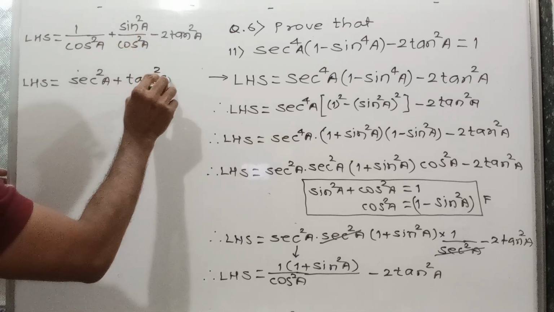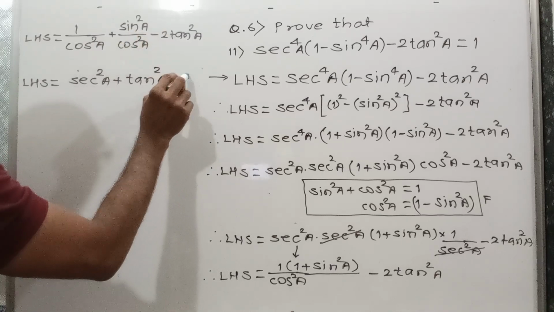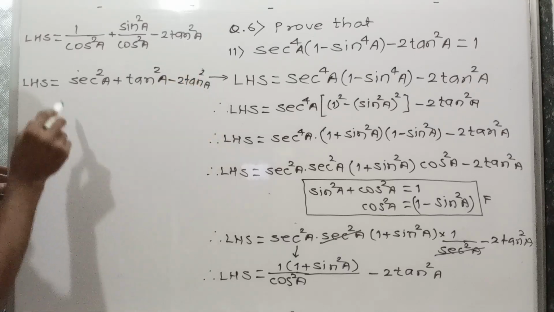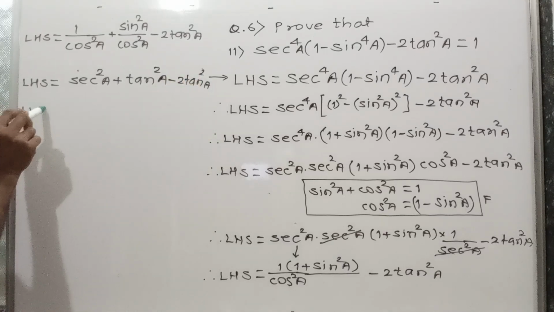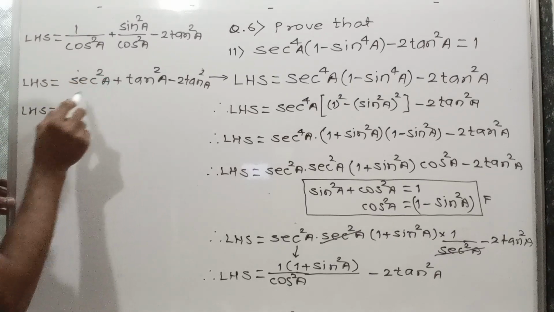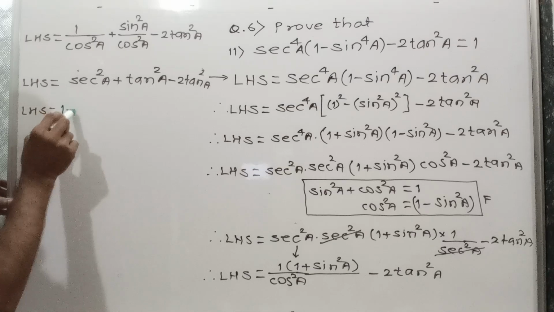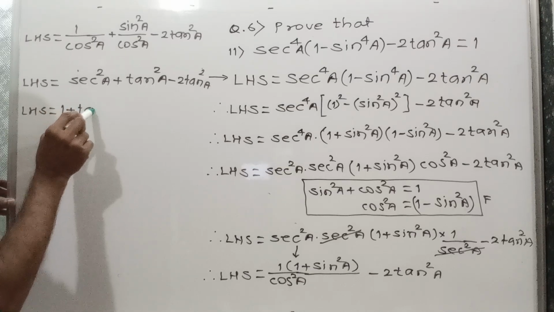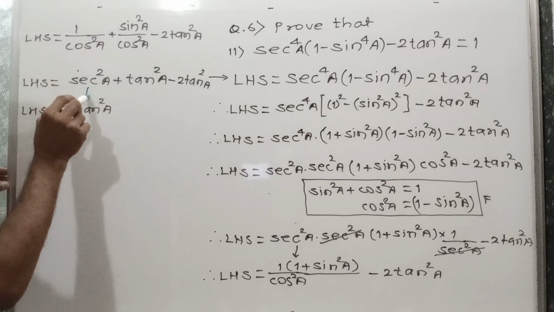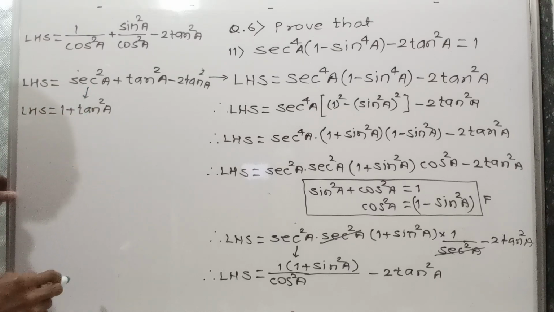Did you understand? Minus this 2 tan² a. Now the formula for sec² a is 1 + tan² a.